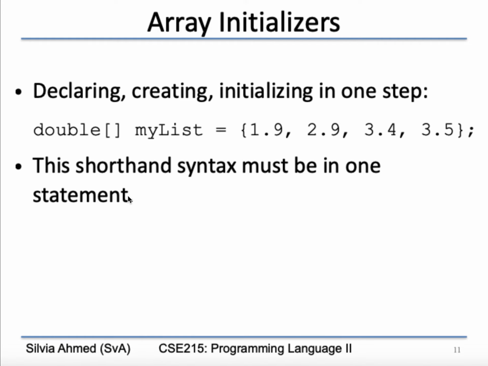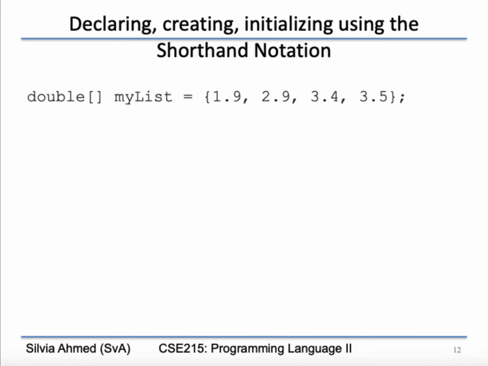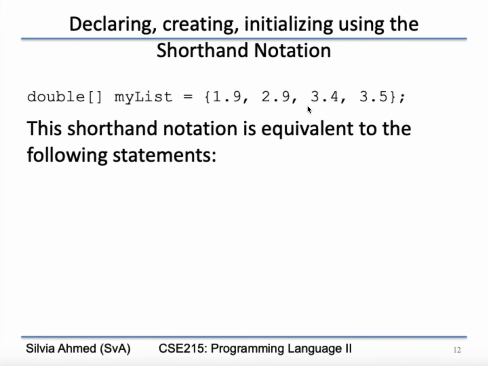This is a very important point. So this one statement is equivalent to first double mylist equal new double 4. In shorthand, the compiler itself counts the number of values here, and accordingly it will allocate that many spaces.